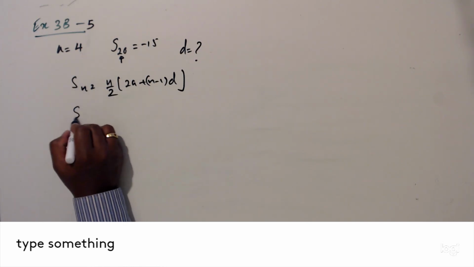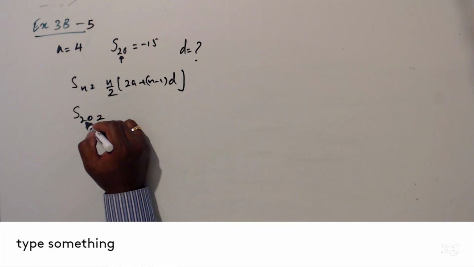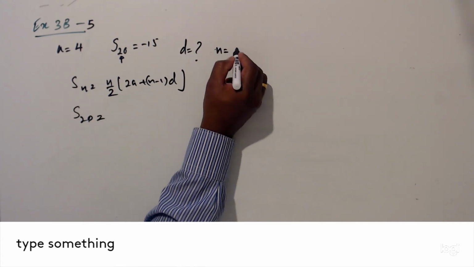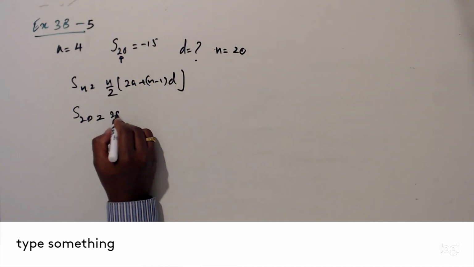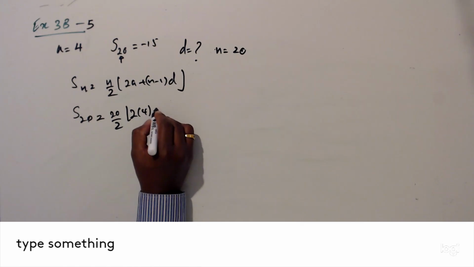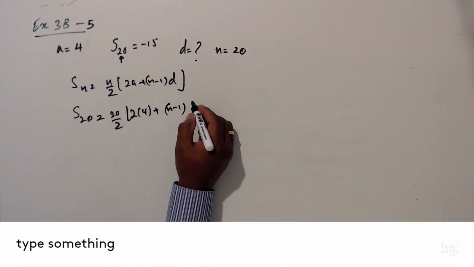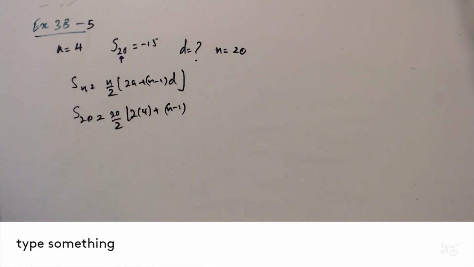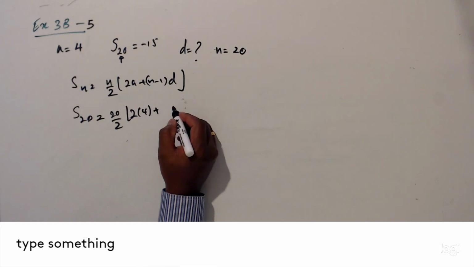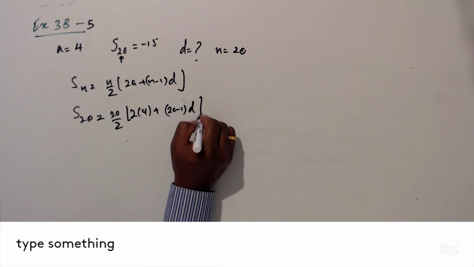So S20 is given. Instead of n, the value should be 20. So 20 divided by 2 times (2 times 4 plus (20 minus 1) times d).